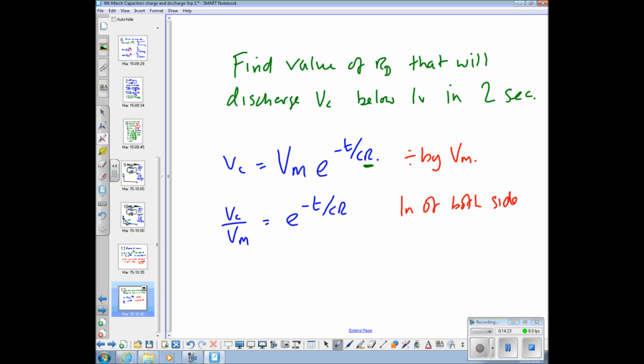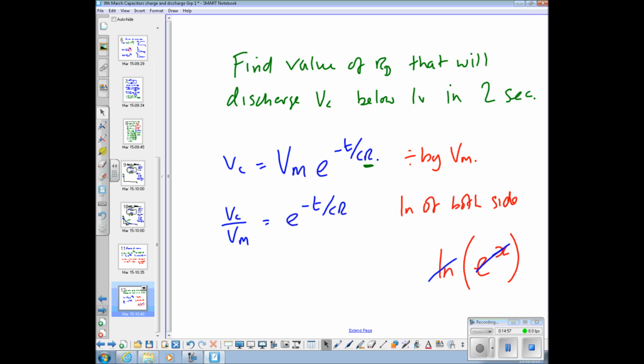No, it's not times or divide. It's doing the natural log function of both sides. So, doing ln of e to the power of x, those two things cancel each other out, and you're just left with whatever was in the power.